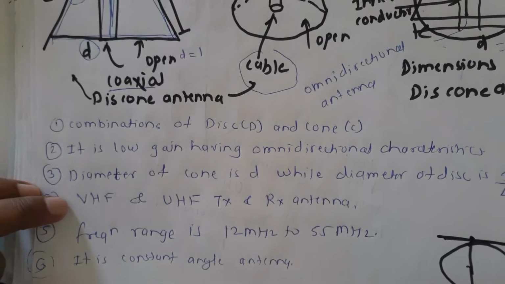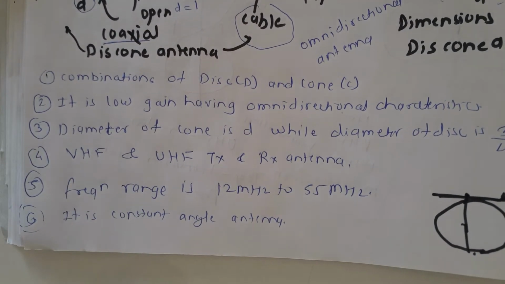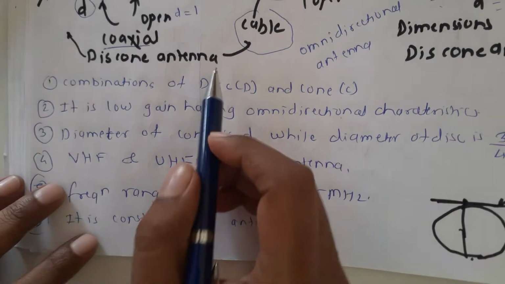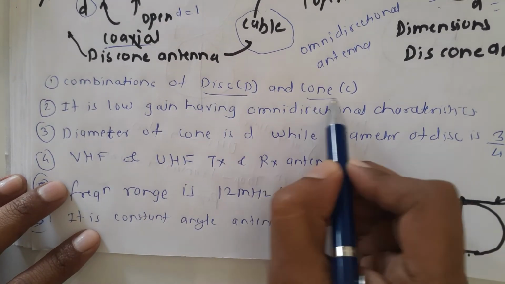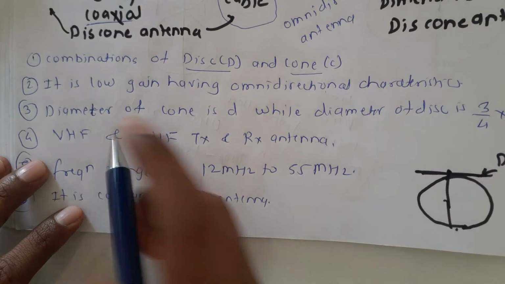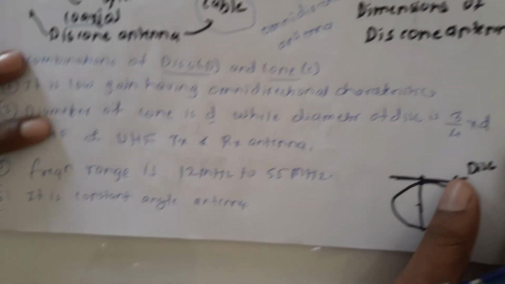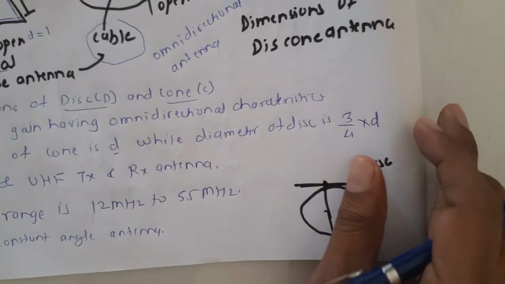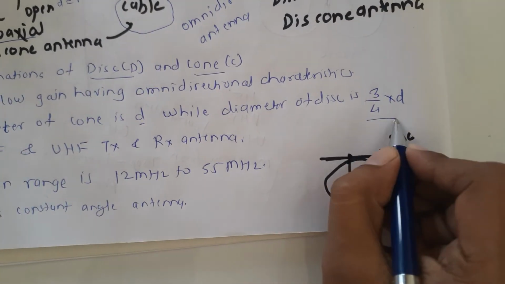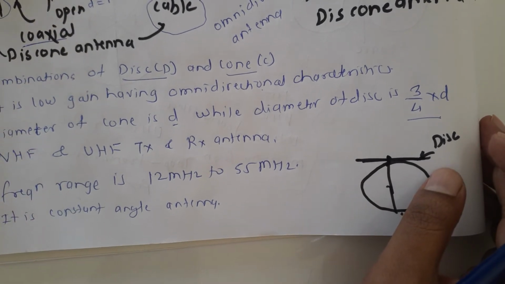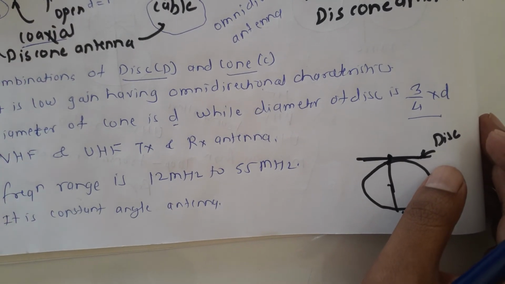So we'll see the important points. Again, the disc cone antenna is a combination of disc and cone. The diameter of the cone is D, while the diameter of the disc is 3 by 4 into D. It is also used as a VHF and UHF transmitter and receiver antenna.